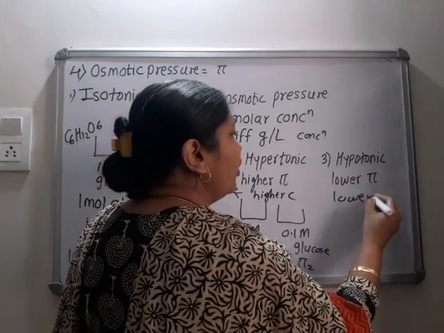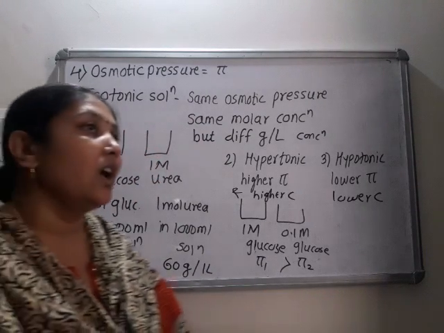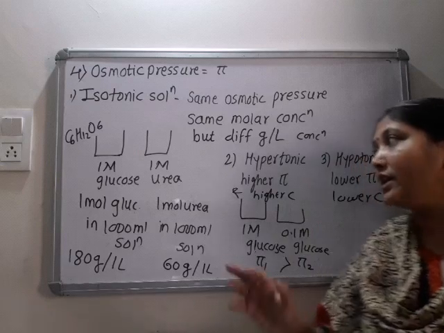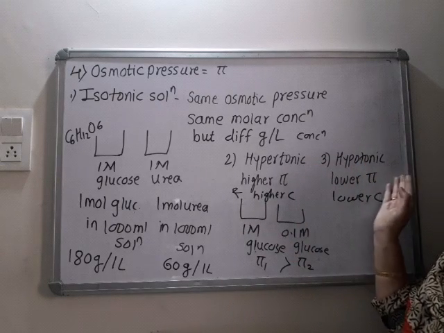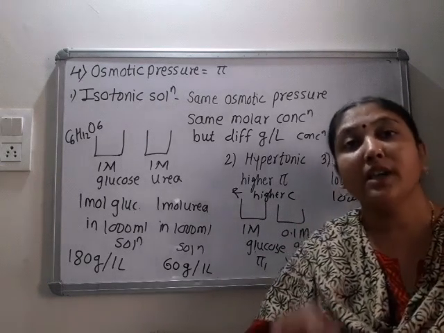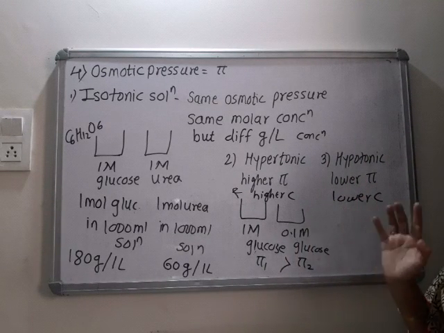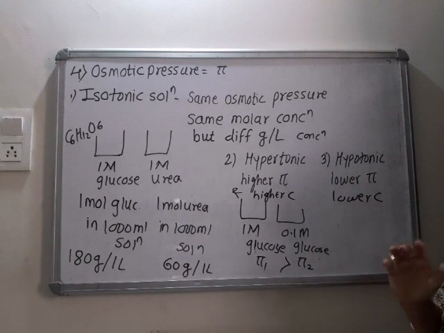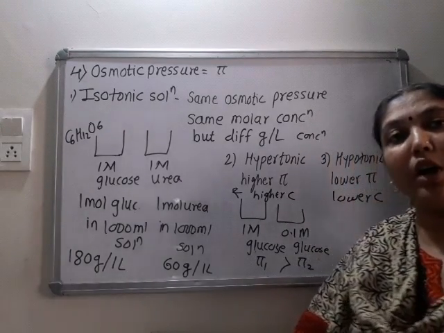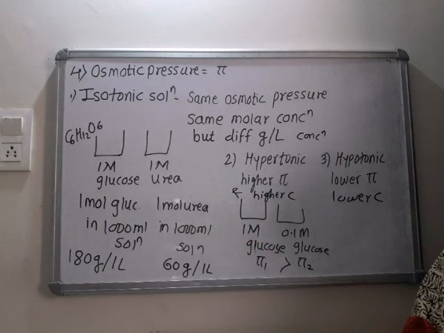Lower pi, lower concentration. Okay, so of two solutions, the one having higher osmotic pressure is called hypertonic solution, and the other having lower osmotic pressure is called hypotonic solution. It has low osmotic pressure as well as low concentration. So the question can be: define isotonic or hypertonic or hypotonic solution. Many numericals are to be solved based on the isotonic concept.